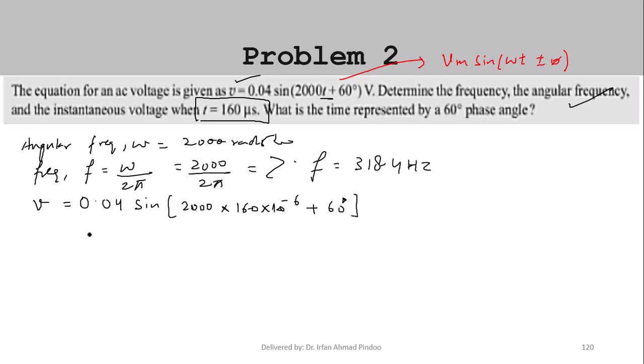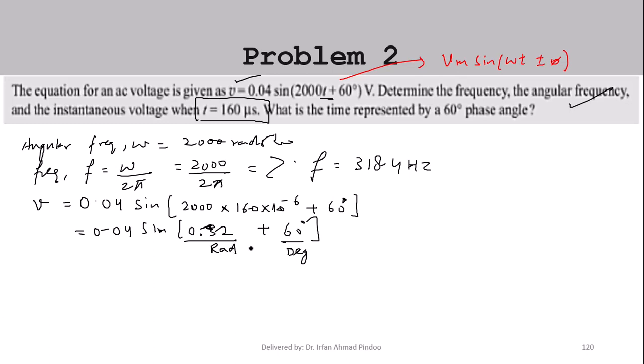Now the interesting part is it will come out as 0.04 sine of 0.32 plus 60 degree. Now the question is, can we add these two values directly? The answer is no, because this is in degree and this is in radian. You cannot simply add these two values together because they are of different units.